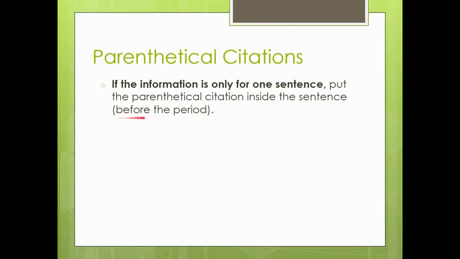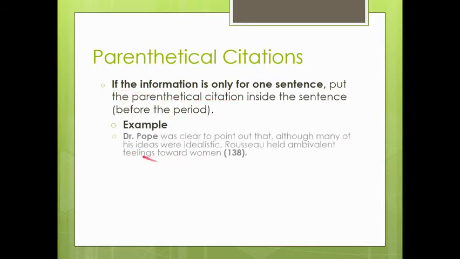That tells us that this source is only for this one sentence. Here's an example. Dr. Pope was clear to point out that although many of his ideas were idealistic, Rousseau held ambivalent feelings towards women. Notice the parentheses are before the period. That means that this source is only for this one sentence.